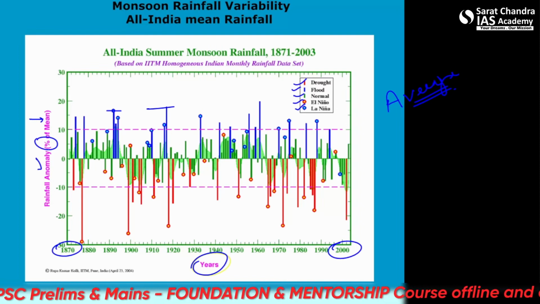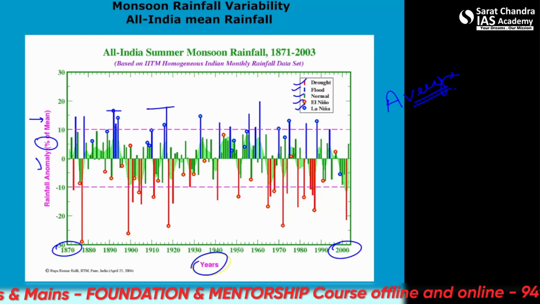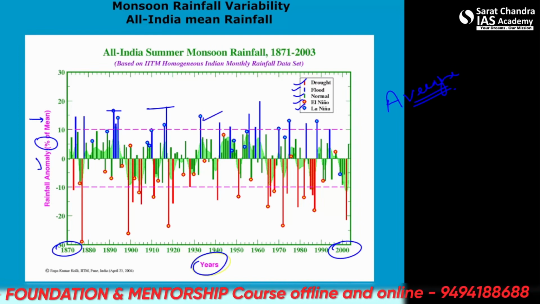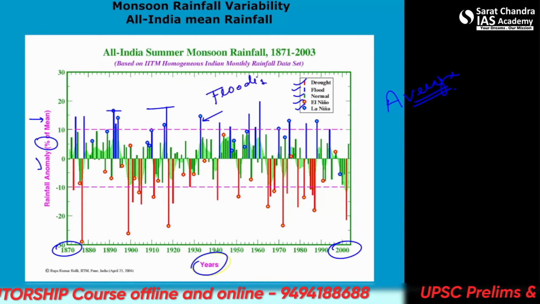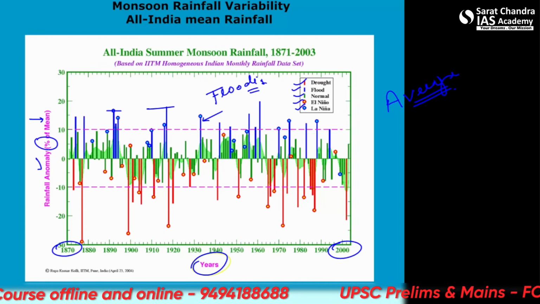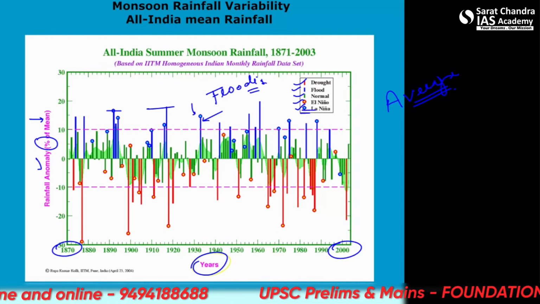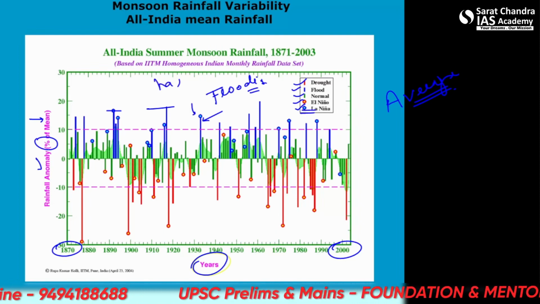What we can see is that both the extremes, these are the flooding events, the blue ones, are often associated with these circles which are described as the La Nina events.